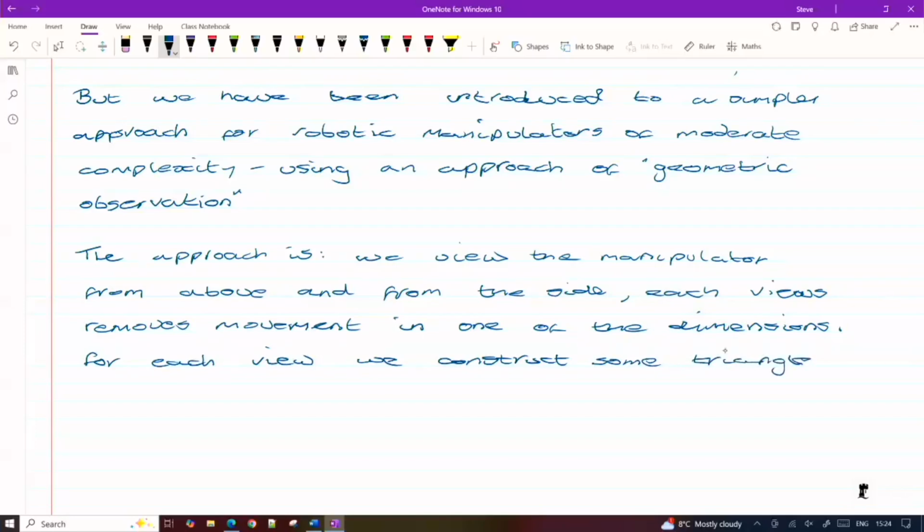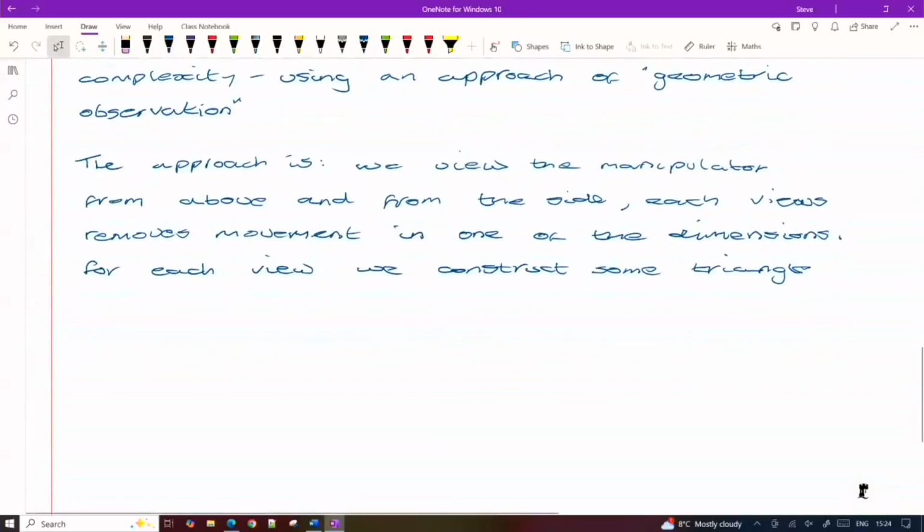We construct some triangles from those views. Typically, what we'd be looking for is a right angle triangle, and also there will be another triangle that's non-right angled. Okay, that's typically what we're looking for when we're looking to solve using this approach. So a couple of triangles that come together that allow us to solve for our joint variables for a given x, y, z.